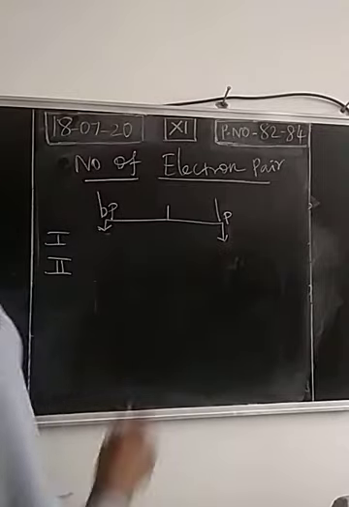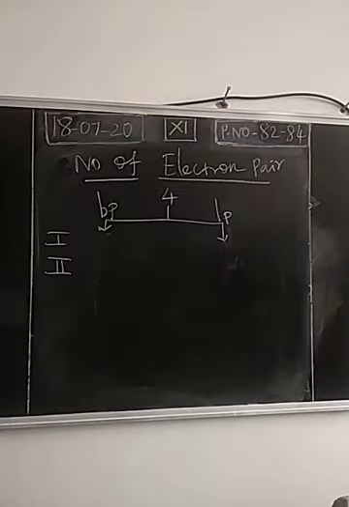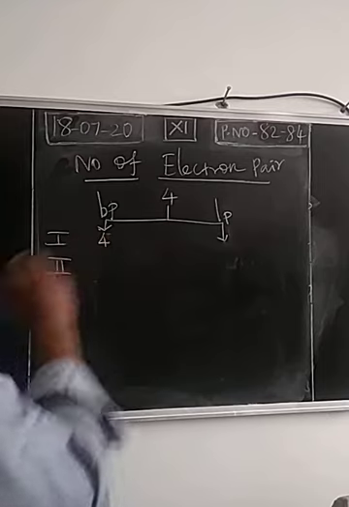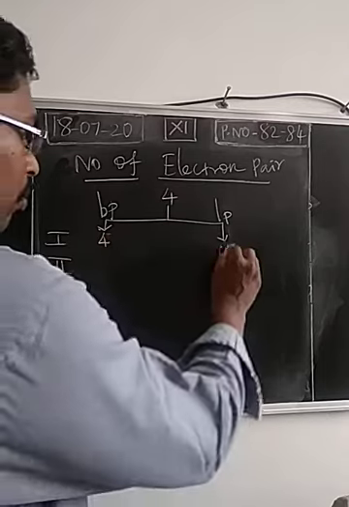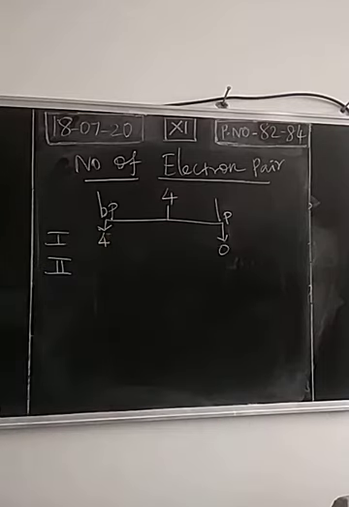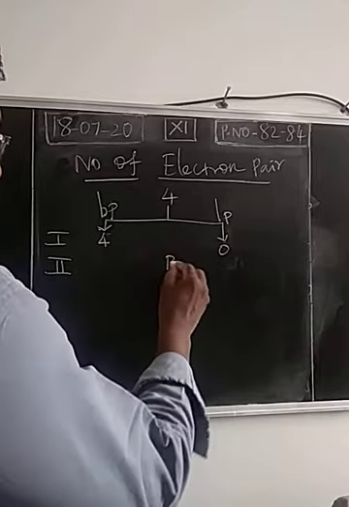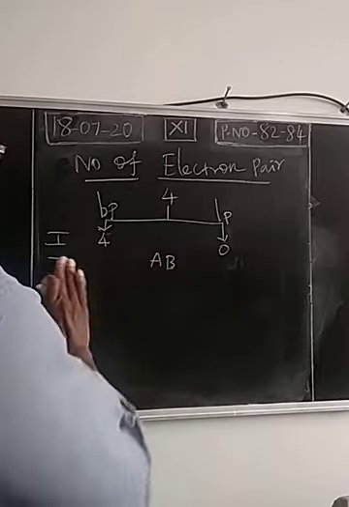Four. Around the central atom, if you have 4 electron pairs, what will be the expected geometry? Tetrahedral is the expected geometry. So first type, all the 4 electron pairs can be present in the form of bonded pairs. So formula AB4.